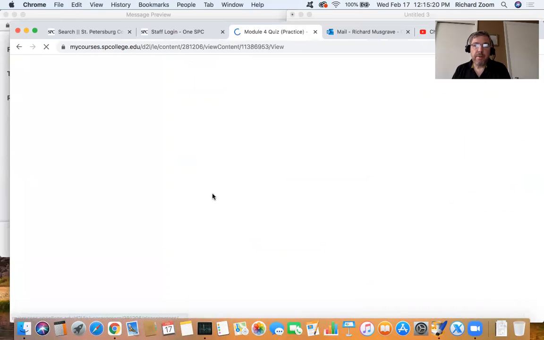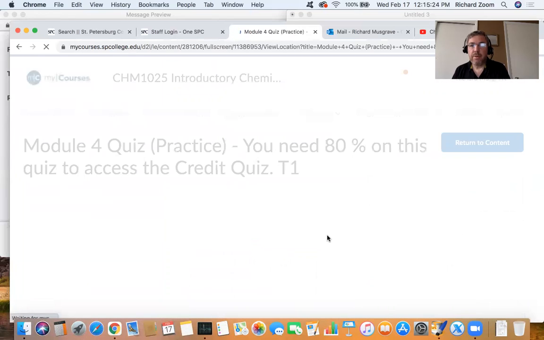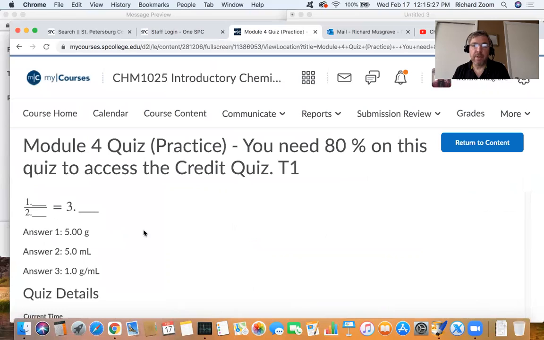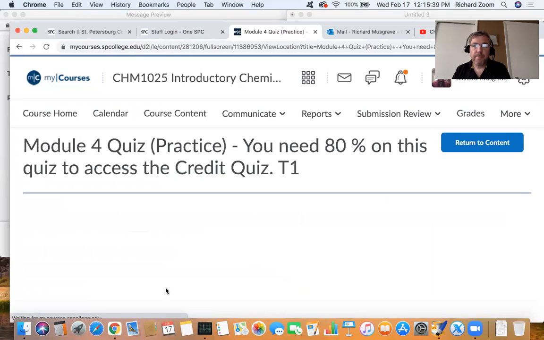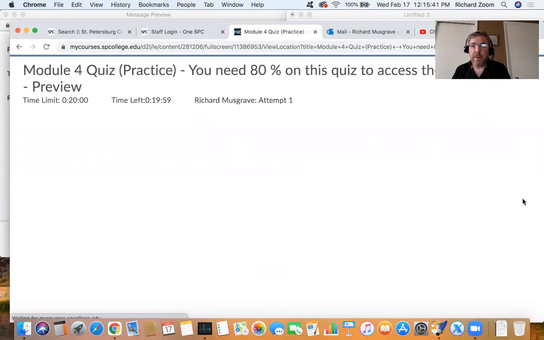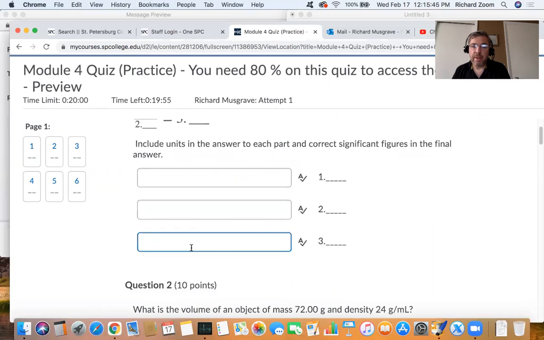The practice quiz will show you what kind of formatting you'll need to do for the credit quiz. And just like we did in module 3, you're welcome to just submit the quiz blank just to see what the formatting looks like. There's no crime in that. There's nothing wrong with doing that. And then once you've done that, you can go ahead and type your answers in here.